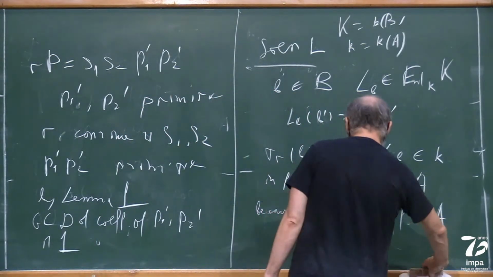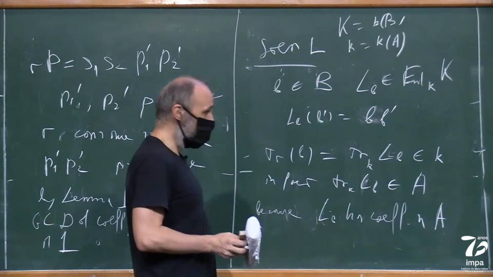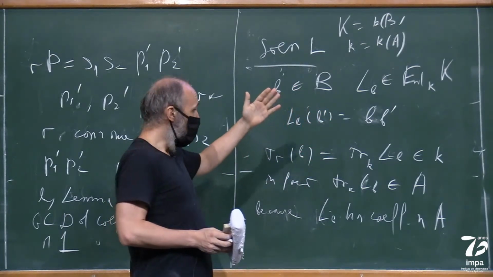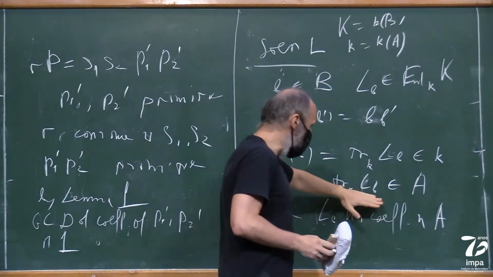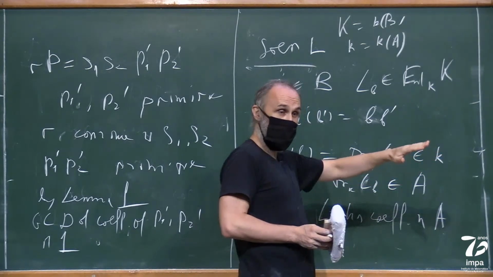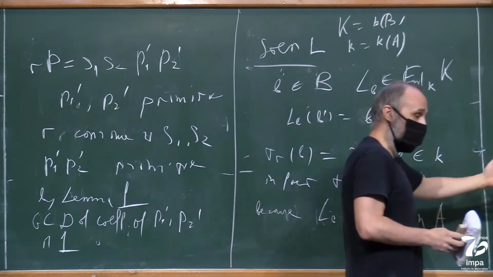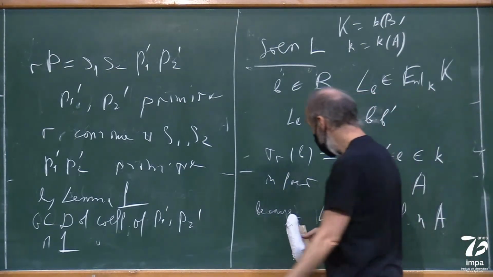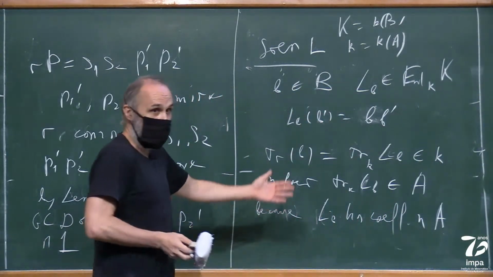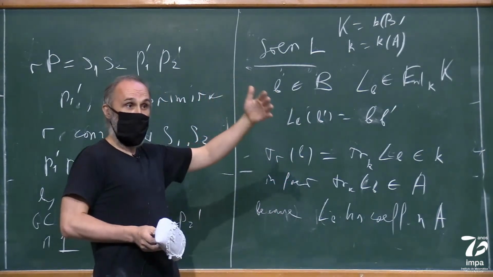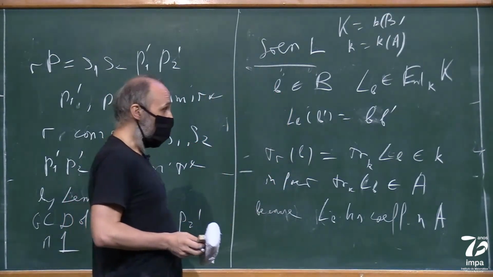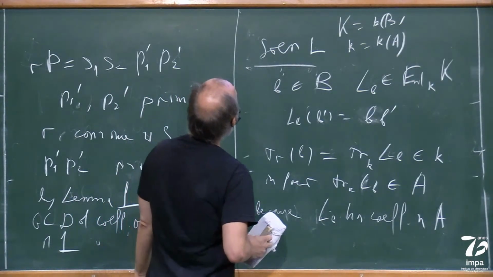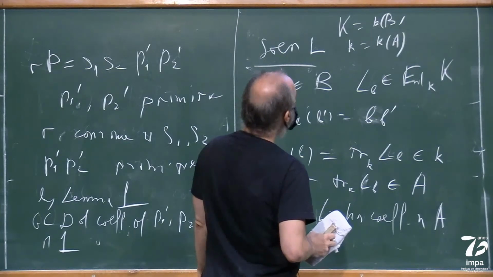What is important is that you have a basis in B, generated by b and its powers, and all the coefficients of the matrix of L_b in this basis belong to A, just because b generates a finitely generated A-module. Okay.